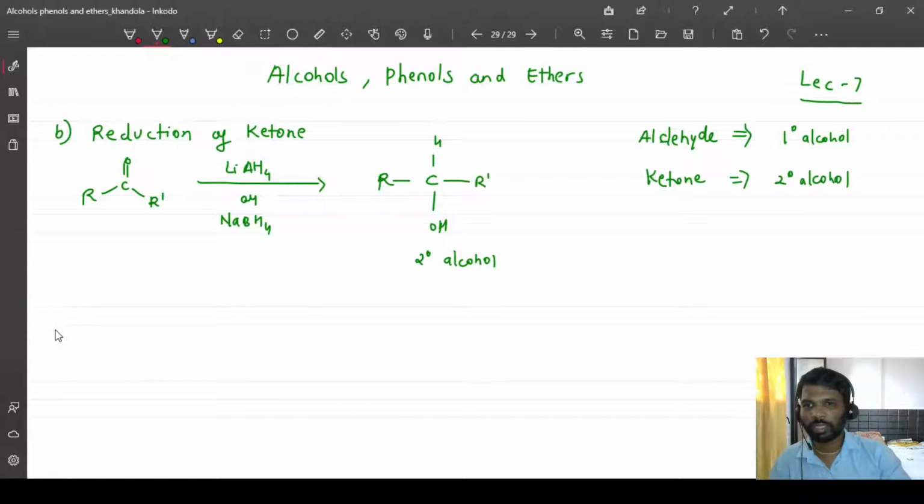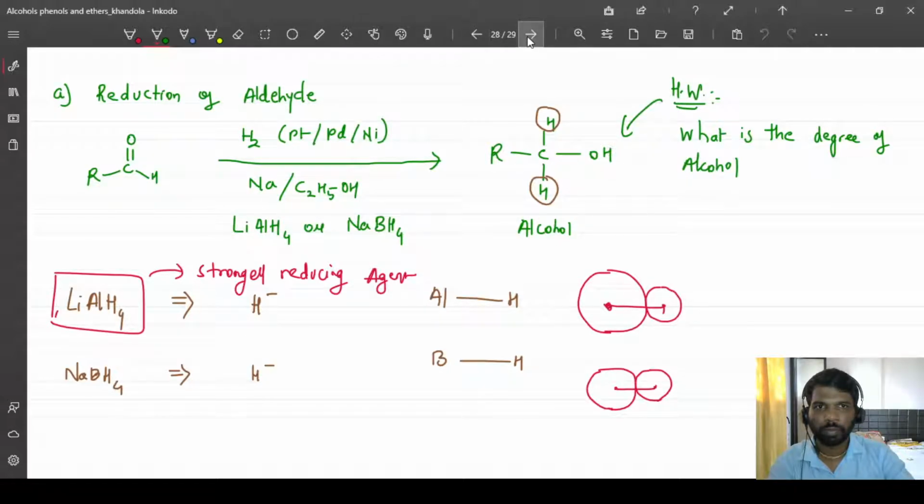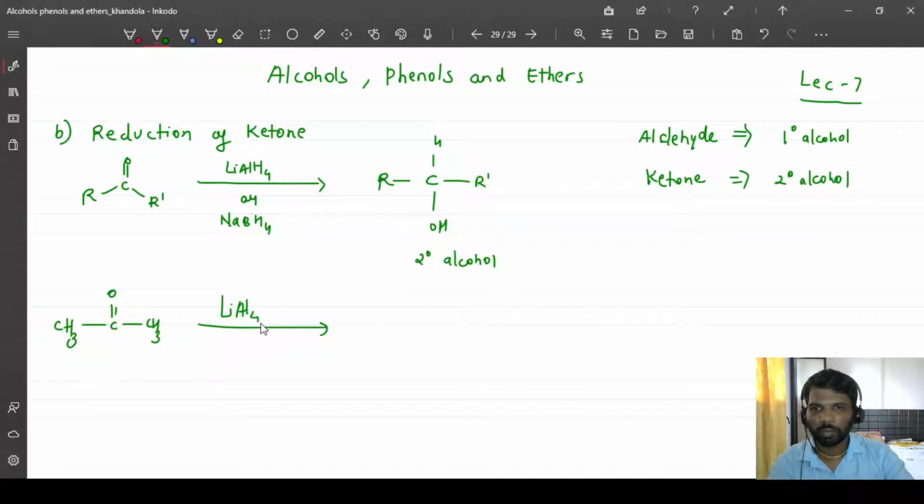Now, let's take a simple example. If we do the reduction of a ketone like this, CH3, C double bond O, and CH3, I am doing the reduction, meaning I am adding lithium aluminum hydride, LiAlH4, or sodium borohydride.